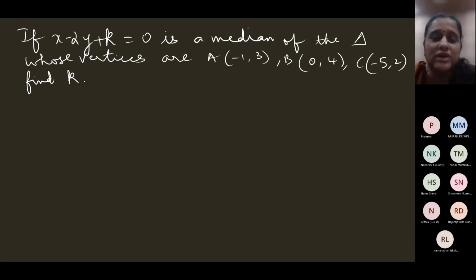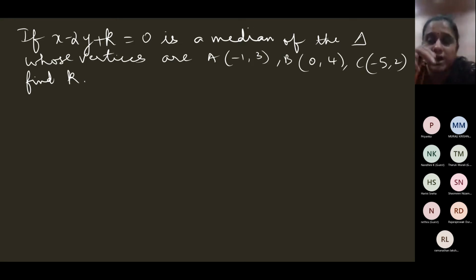So to find the value of k, children, we need to substitute for x and y in the equation and find the value of k. And what can take the place of x and y? Any point that will satisfy the equation. And which point will satisfy this equation? x minus 2y plus k is equal to 0 is the equation of a median, and you don't know which median.